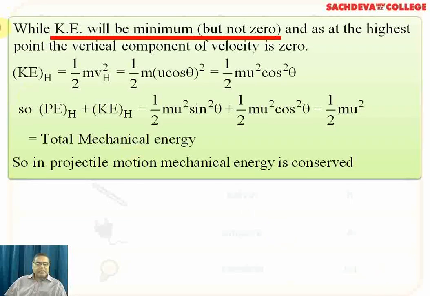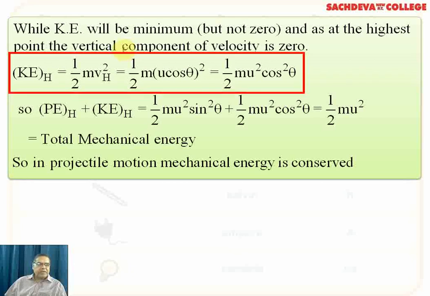While kinetic energy will be minimum but not 0 at the highest point, that is, the whole of the kinetic energy will not be transformed into potential energy, in accordance with the law of conservation of energy. So kinetic energy at the highest point is half m v_h square, and this is equal to half m (u cos theta) square, where u cos theta is the horizontal component, and this is equal to half m u square cos square theta.